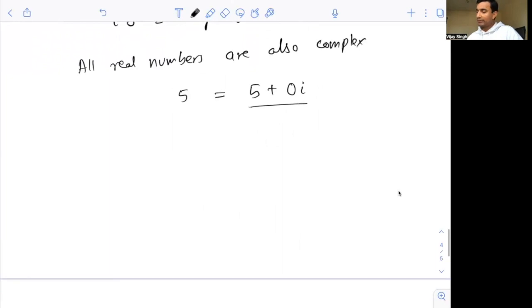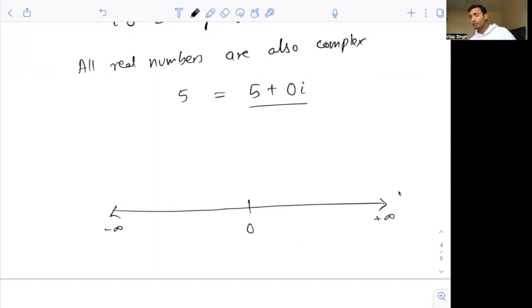And now once you have real numbers and complex numbers, we can also represent them. Remember, real numbers were represented on the number line like this. You have 0, you have plus infinity, minus infinity. To represent complex numbers, rather than having a number line, what we have now is a number plane.